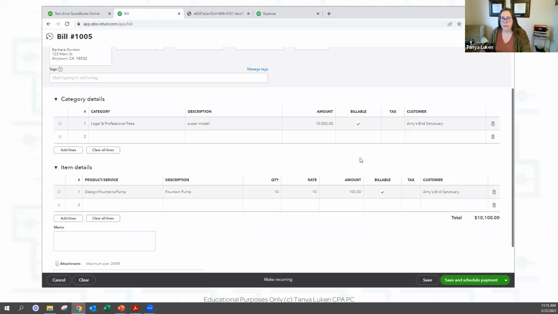So what this transaction tells me is that I'm going to take $10,000 worth of supermodel charges from Barbara Gordon and bill Amy's Bird Sanctuary for them. And I'm also going to bill Amy's Bird Sanctuary for 10 fountain pumps that I also bought.